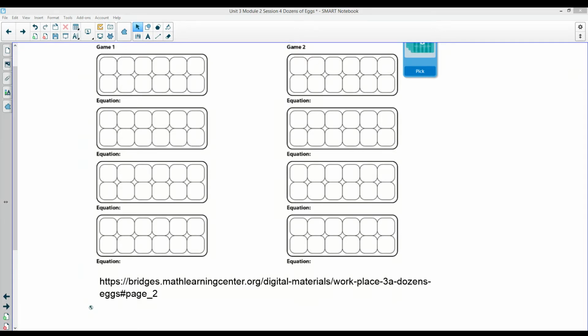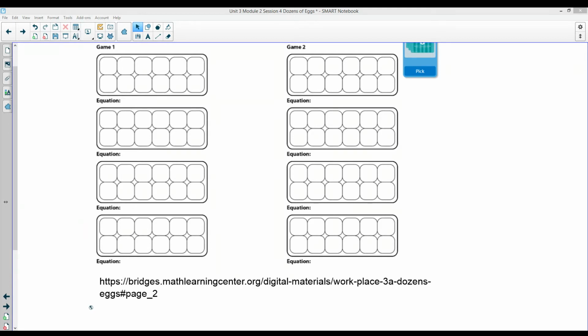So again, we pick another card for player 1: 1/2. That's one section here and one section here, but let's divide that up into 12ths. So 1/2 would be 6 12ths.